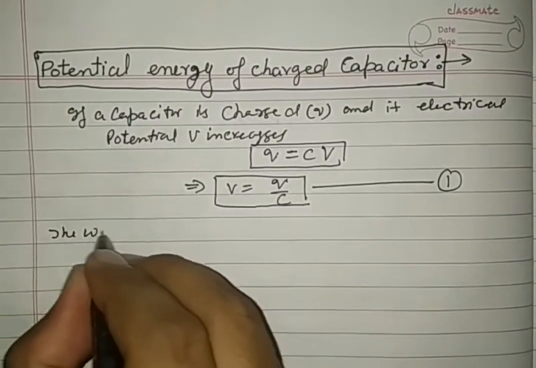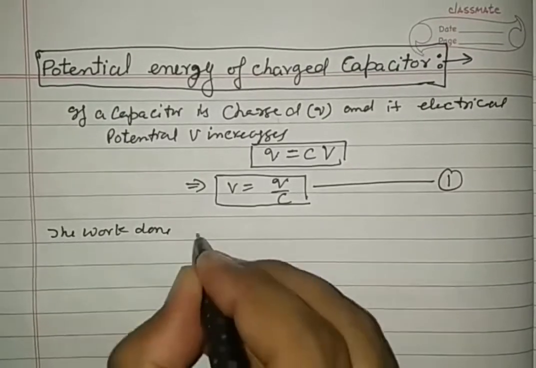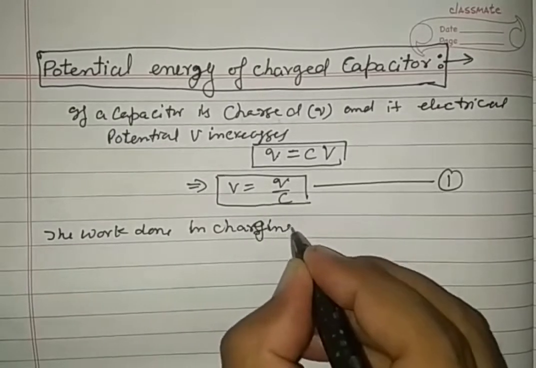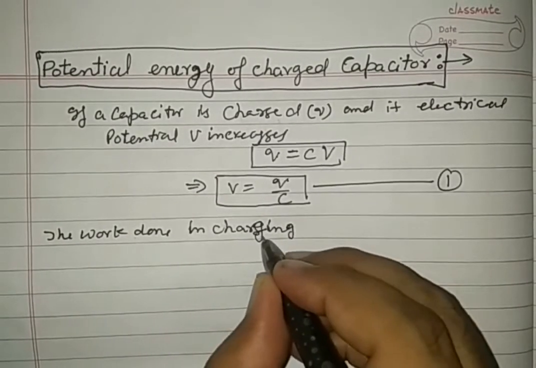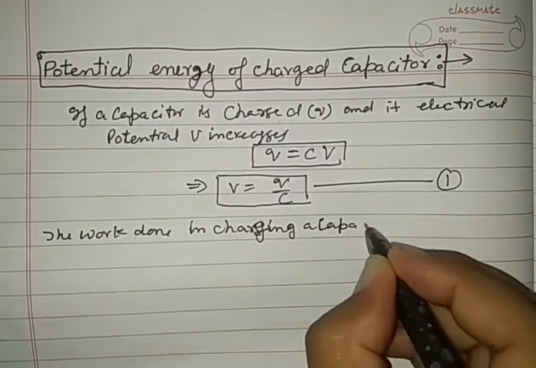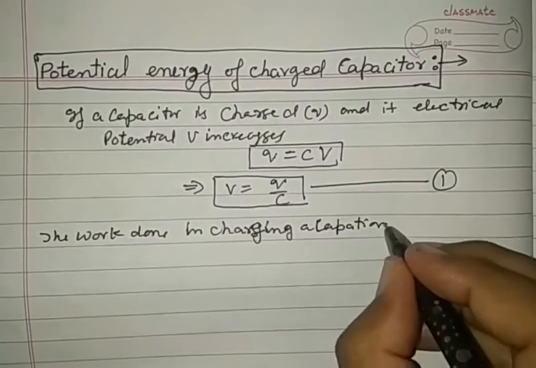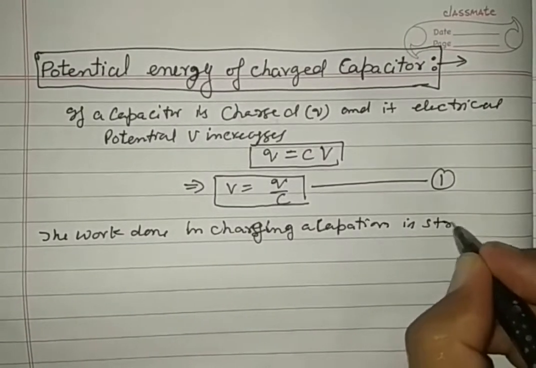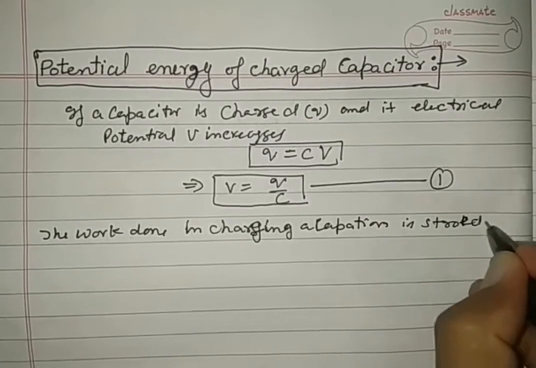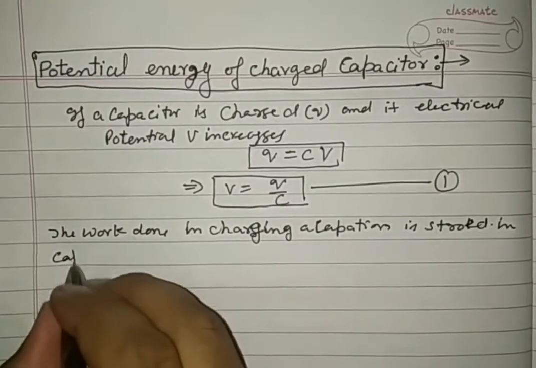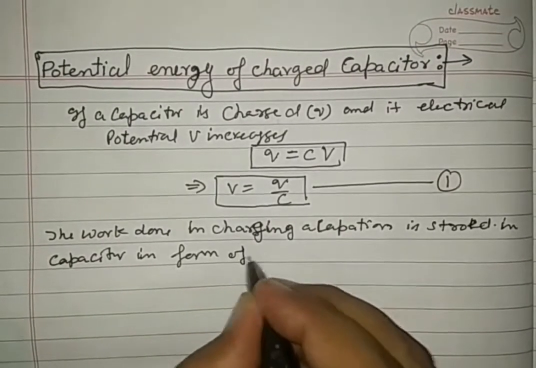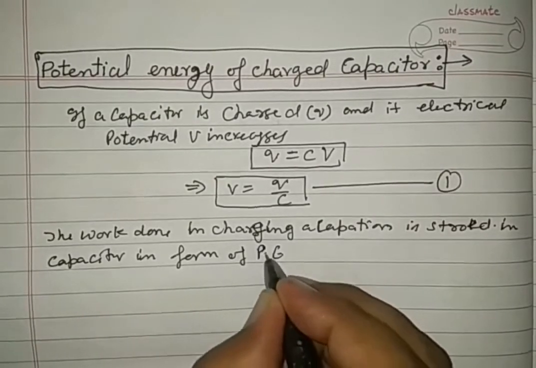The work done in charging a capacitor is stored in the capacitor in the form of potential energy, PE.